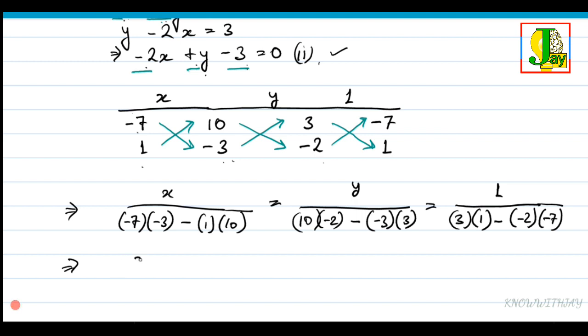Okay, let's write it again. We have x upon 21 minus 10 equals to y upon minus 20 minus into minus plus 9 equals to 1 upon 3 and then minus 2 into minus 7, 14.